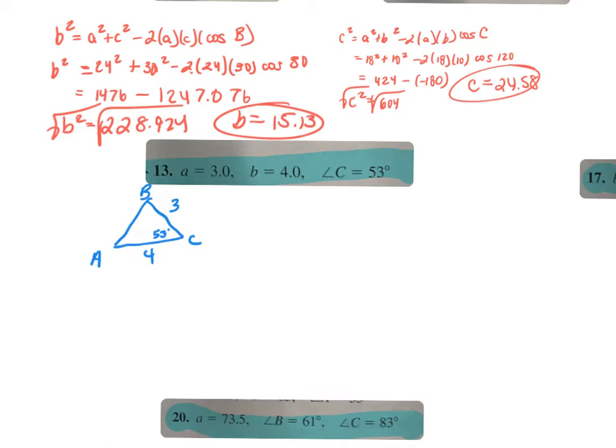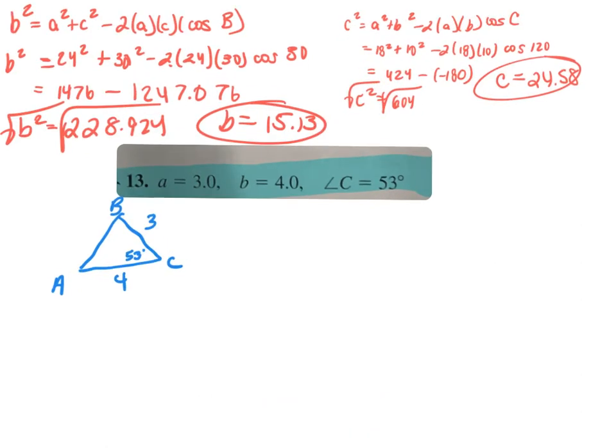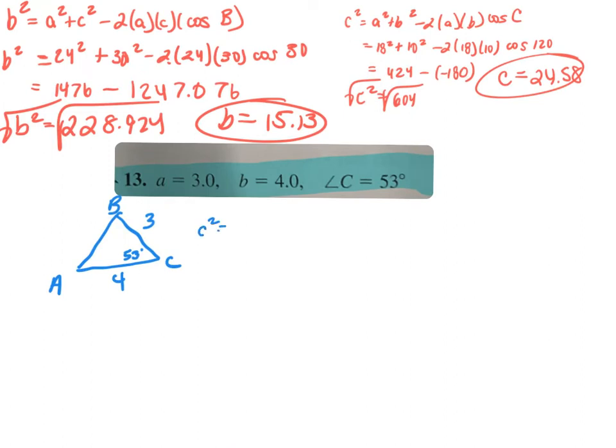We're going to figure out the measure of the side that we're missing, side C. So the first thing I'm going to do is C squared equals A squared plus B squared minus 2 times A times B times the cosine of C. So A would be 3 squared plus 4 squared minus 2 times 3 times 4 times the cosine of 53.